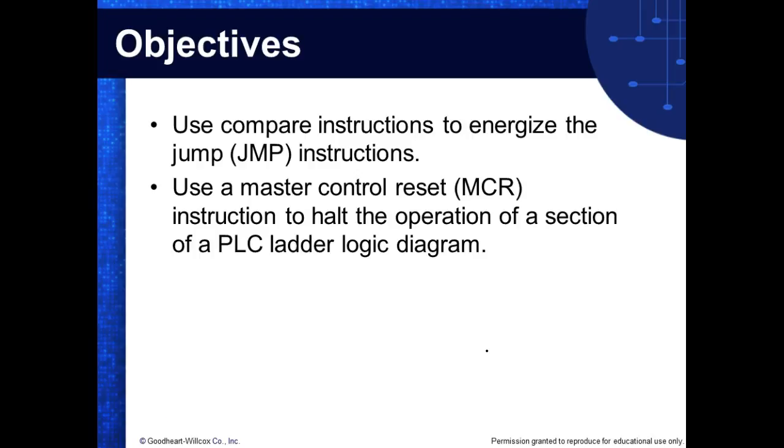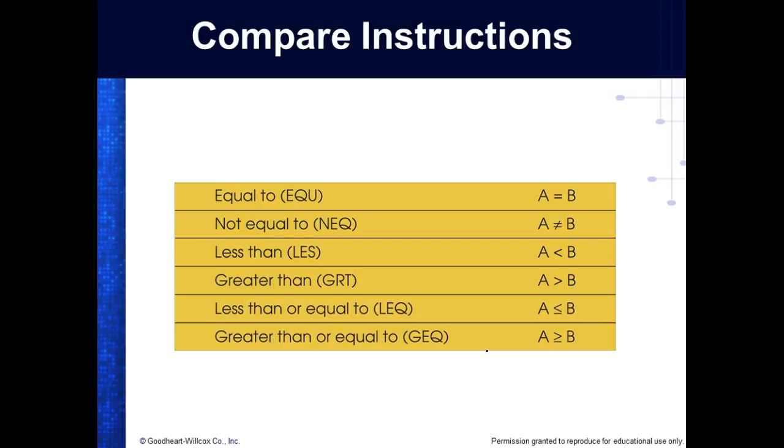Use a master control reset instruction to halt the operation of a section of a PLC ladder diagram. Are we okay? So these are the compare instructions that we have available to us. Allen Bradley calls it EQU, which stands for what? Equal to. NEQ is not equal to. LES is less than. GRT is greater than.